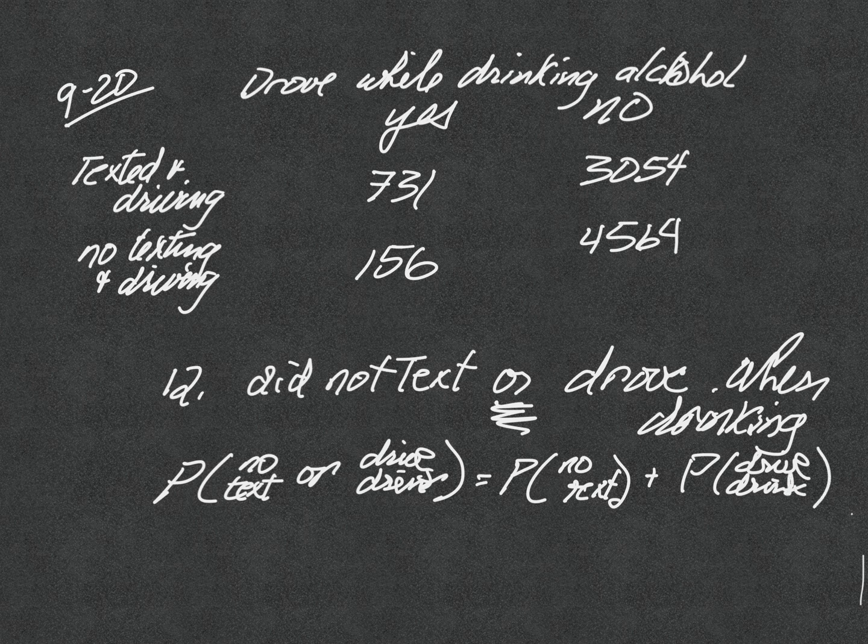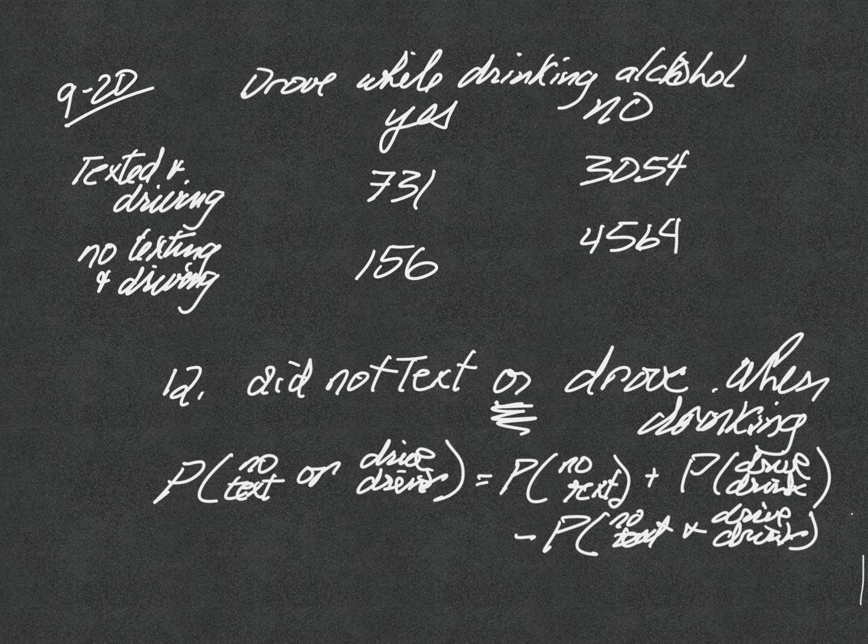Notice instead of using A and B, I like to actually describe it a little more. That helps me to do it. And then minus the probability of no texting and driving and drinking.